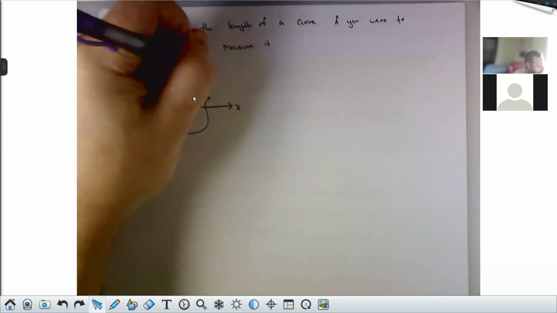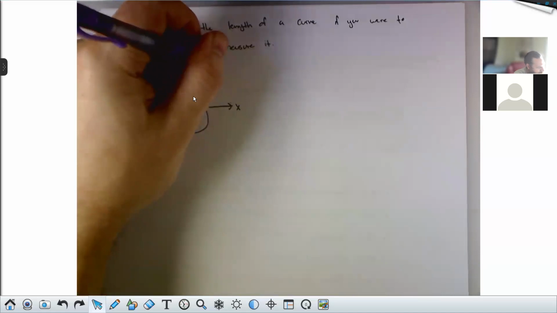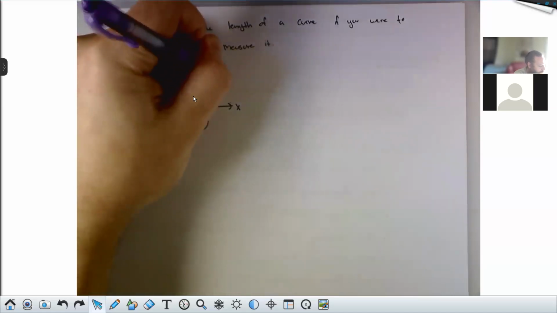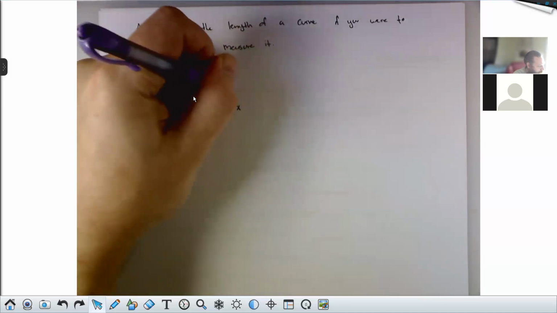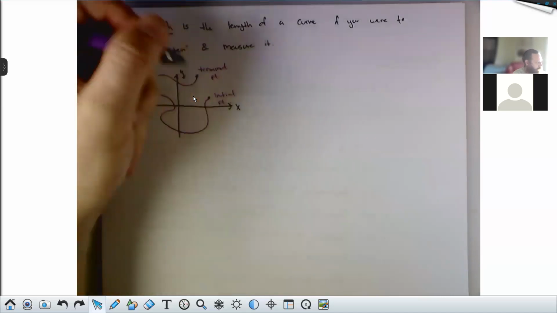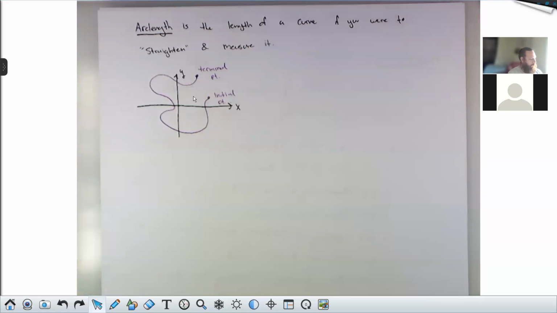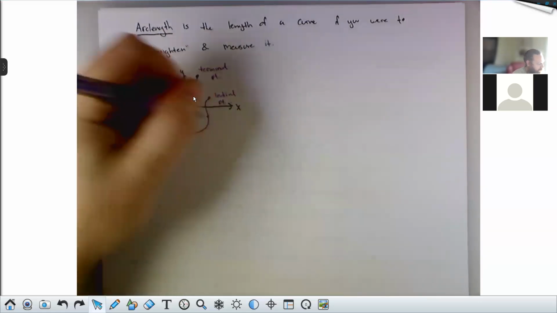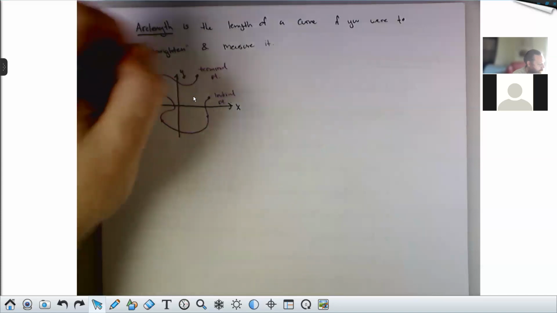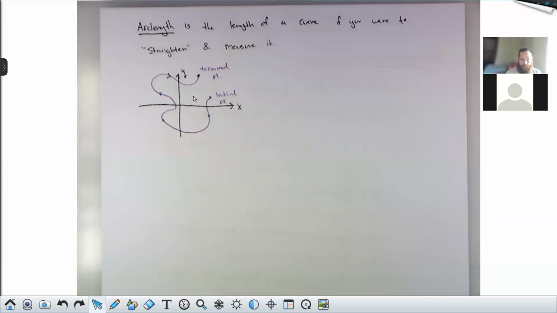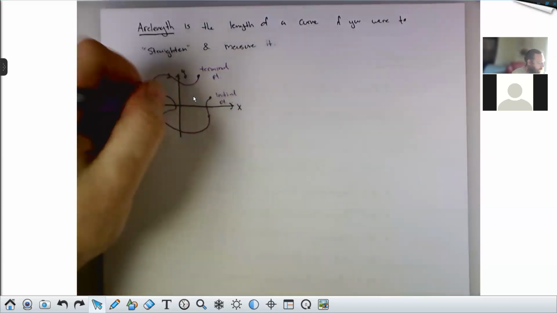So this would be my terminal point, and this would be my initial point. So my curve is traversed with an orientation, and you saw that orientation can be an important factor, like when you found the area of the ellipse on the homework set from last week.